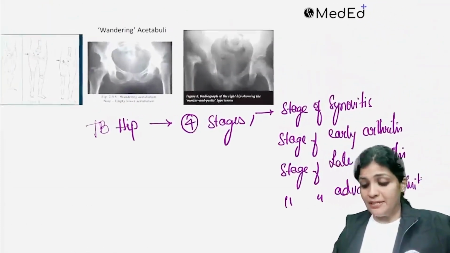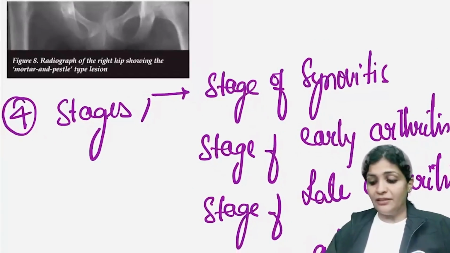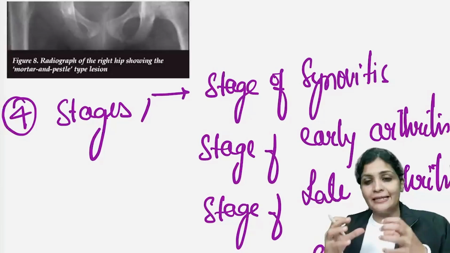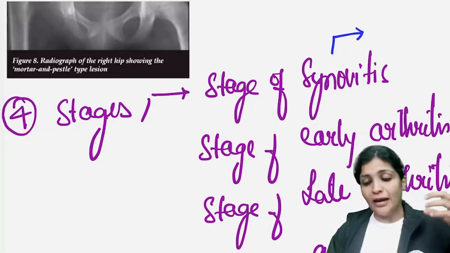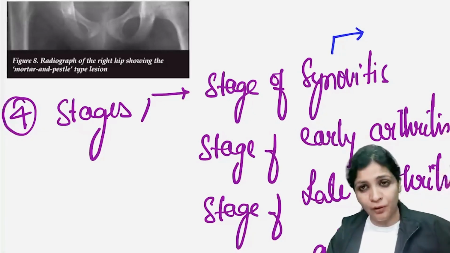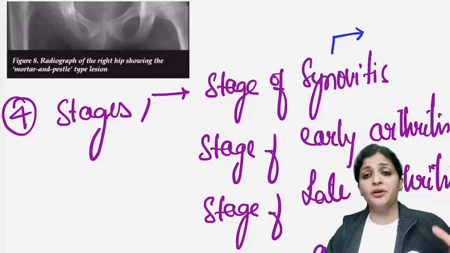So here what happens is, whenever there is a stage of synovitis, that is an inflammation of the synovium, the joint usually takes the maximum volume position. This maximum volume position should accommodate the synovial fluid. Synovitis is inflammation of the synovium which produces more synovial fluid. The main function of synovium is to produce synovial fluid.